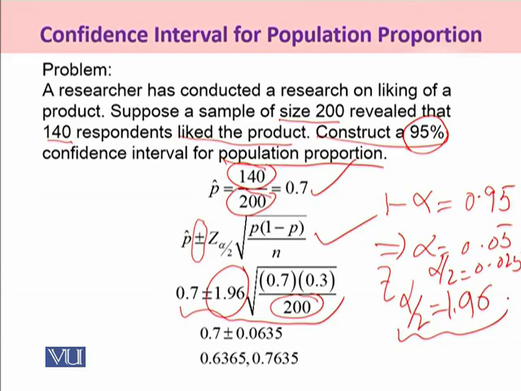After plugging in all this information, we get the required interval. This is called the lower limit of the interval, and this particular limit is the upper limit of the interval. So students, we have learned in this module how to estimate the population proportion. We expect that our population proportion lies within this interval with 95% confidence.